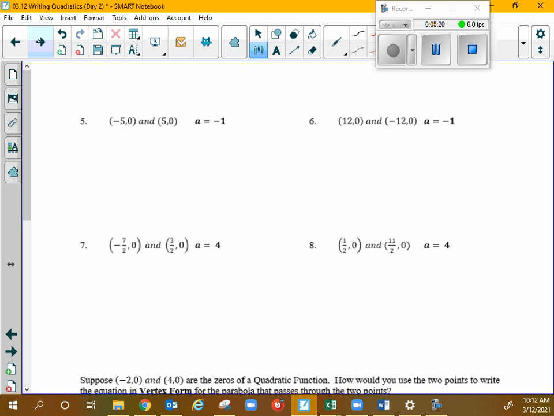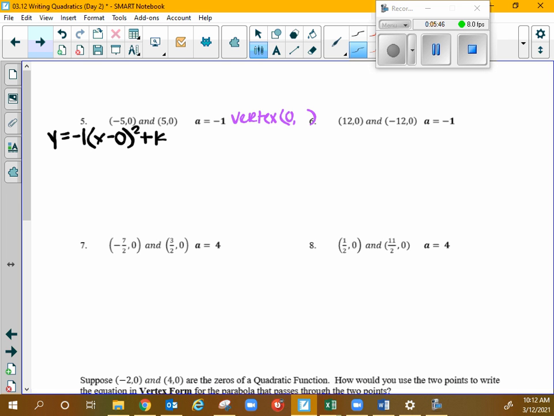Everybody agree with that? Negative 5 plus 5 divided by 2, 0. So my vertex is at 0, something. My a value is negative 1. So let's get a starting point. y equals negative 1 times x minus 0 squared plus k.